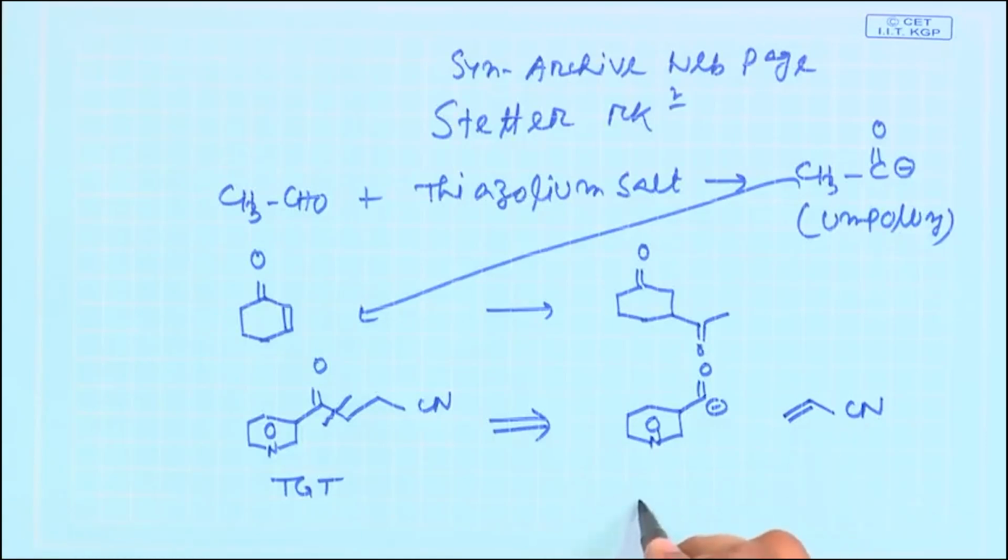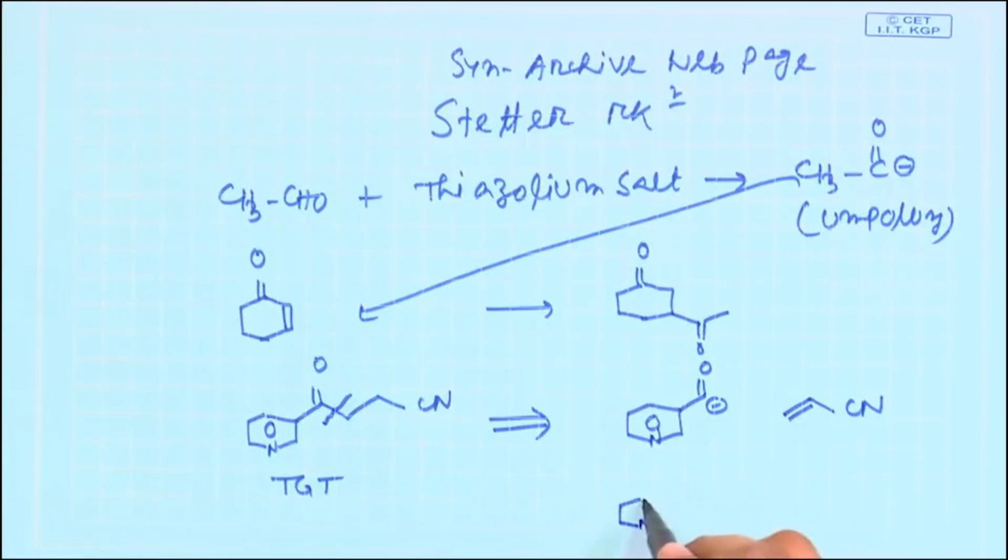So, you start with your 3-pyridinecarboxaldehyde as a parent aldehyde exposed to thiazolium chloride or the Stetter reaction conditions.